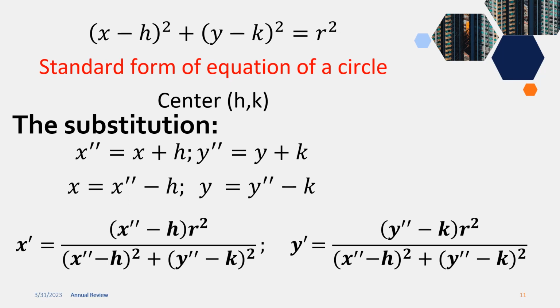In this case, we substitute x as x double prime minus h, and y as y double prime minus k, and the same result is obtained. So by this formula, I'm able to solve an equation which is not centered at the origin.